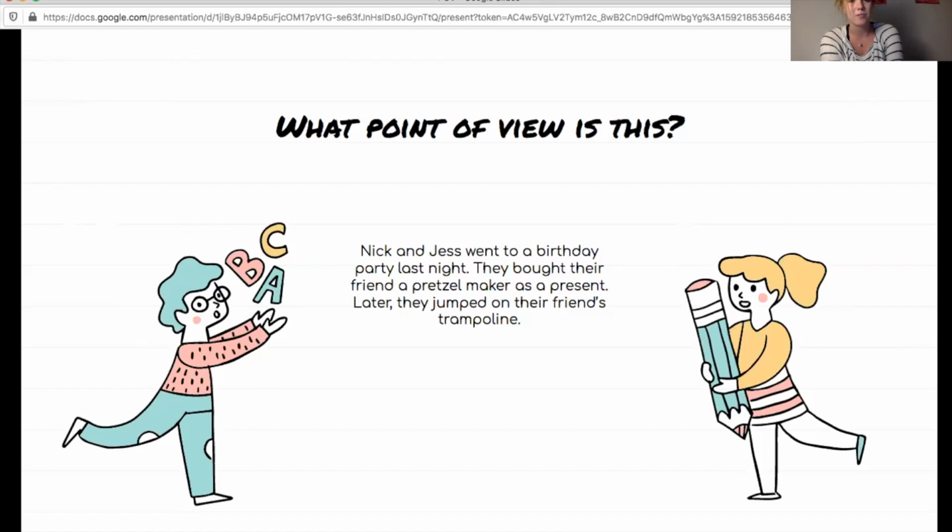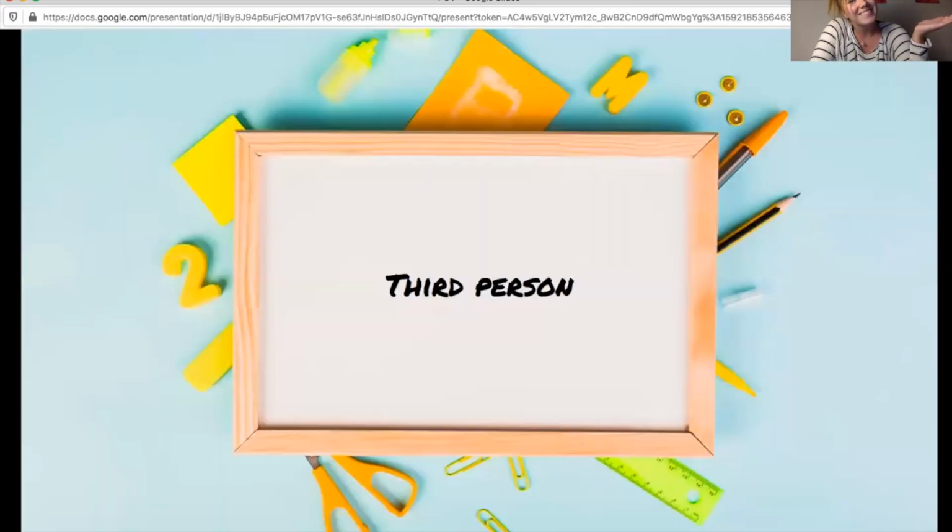How about a U? No, I don't see that anywhere. What about he, she, or they? Oh, wait, there's they right there. And we're also pointing out names of the 2 main characters, so that makes this a what? Yeah, a third person point of view. Great job, guys. You guys are crushing it.